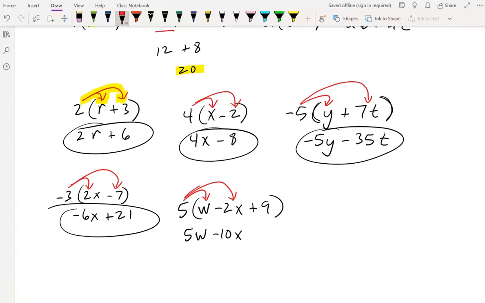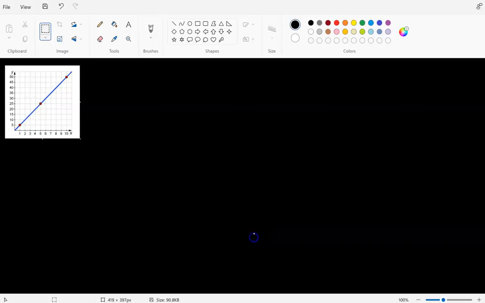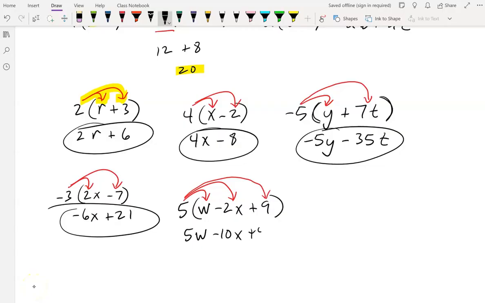And then 5 multiplied by positive 9 is positive 45. Sorry about that. A little glitch on the screen there. I actually bumped a key at the bottom. Okay. And we have distributed the 5 into 3 different terms inside the parentheses.